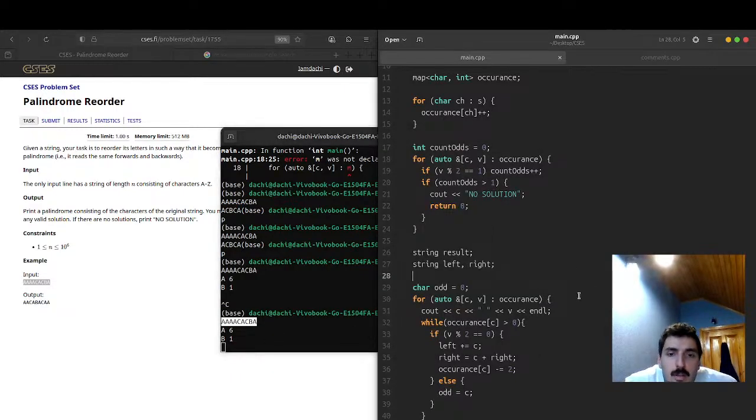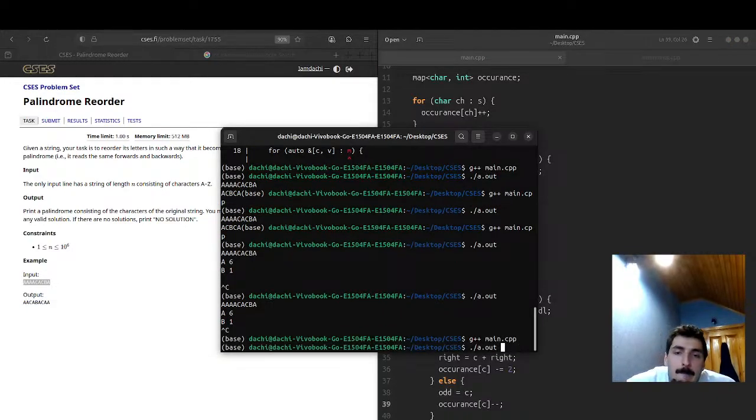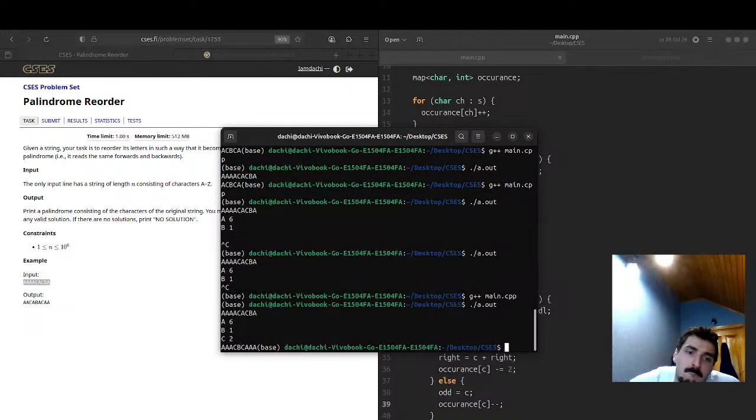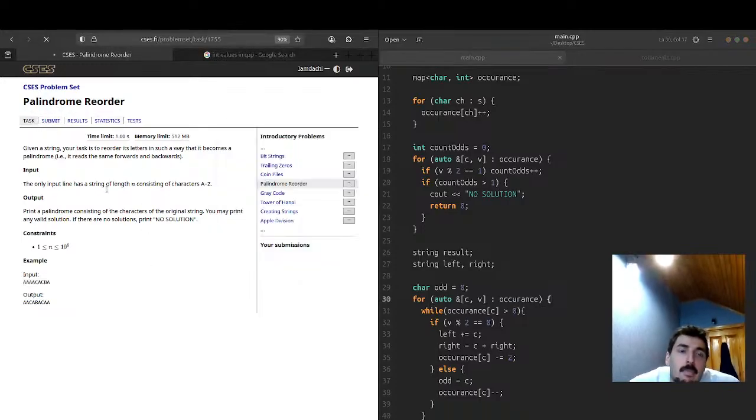Oh, where is C, by the way? Where is C? Please be correct.